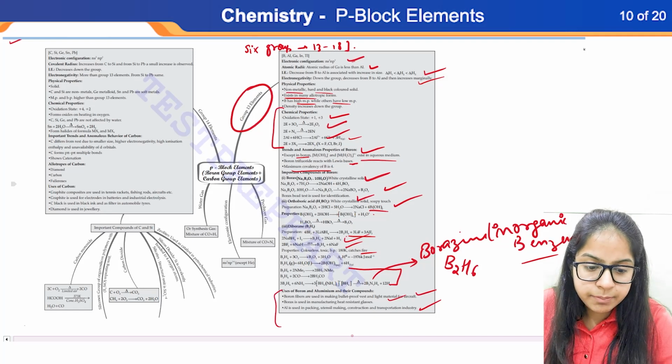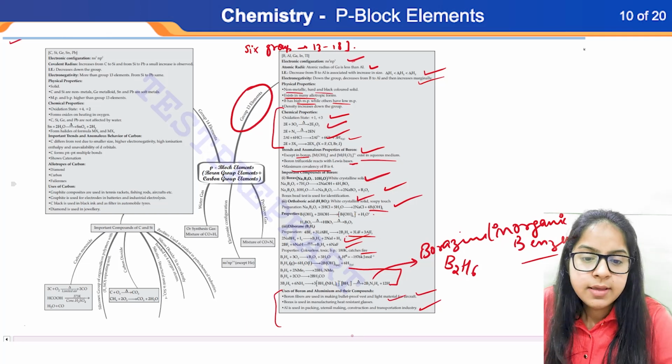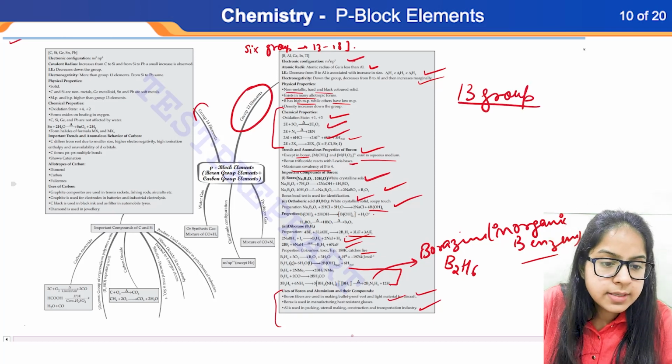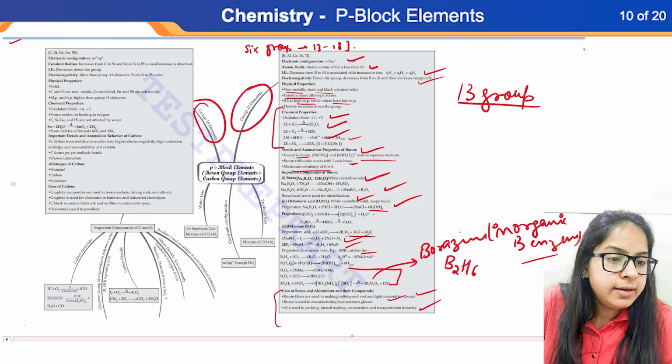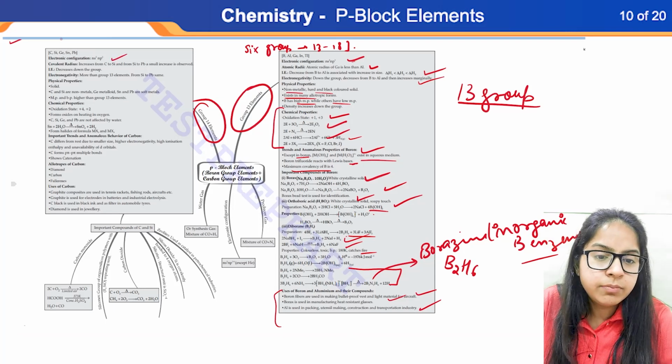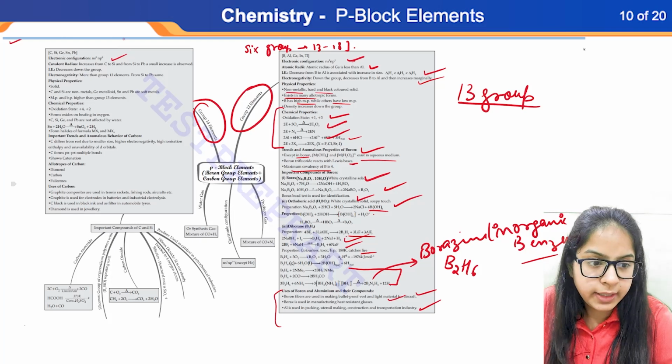So these are the importance of boron and aluminium and their compounds. This was for the 13th group. Now the next is group 14 elements, and there are the trends. Electronic configuration: like the 13th group, for the 14th group it is ns2 np2.